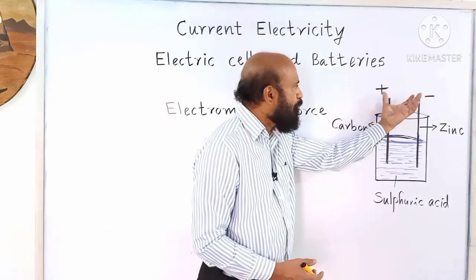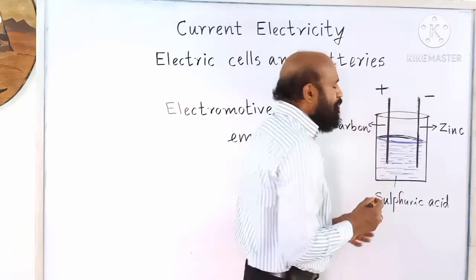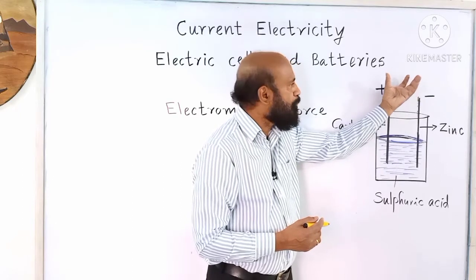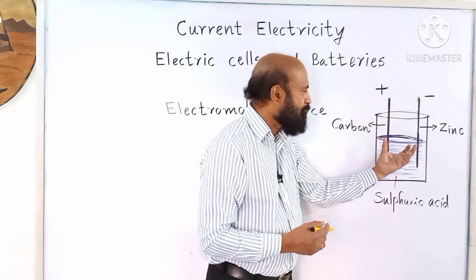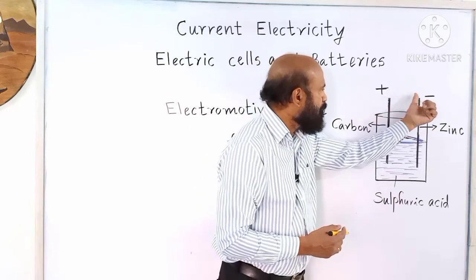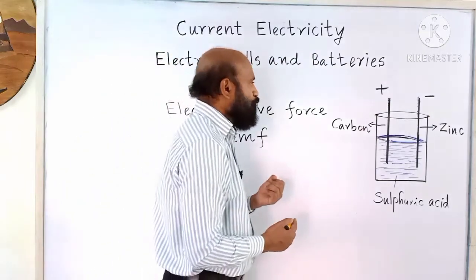So if you directly connect the terminals to a voltmeter, there will not be current because a voltmeter is an instrument with a very high resistance. When the electric cell is not sending current, the potential difference between the terminals is known as electromotive force.